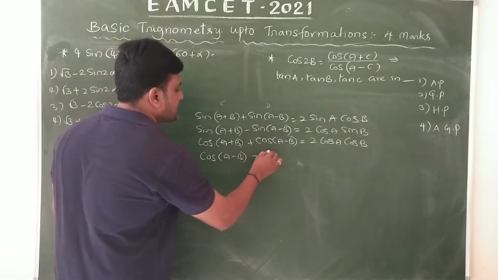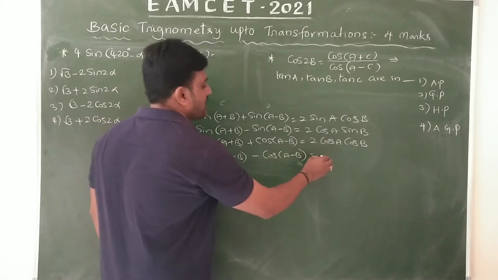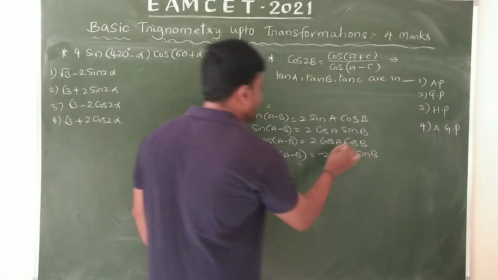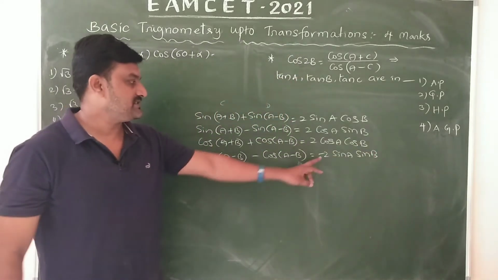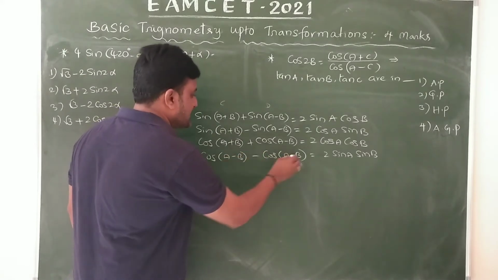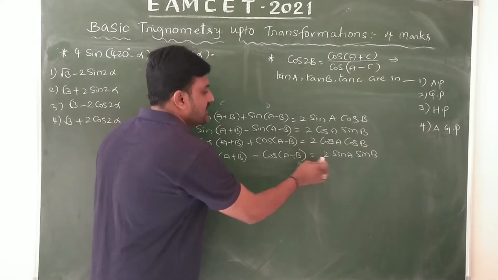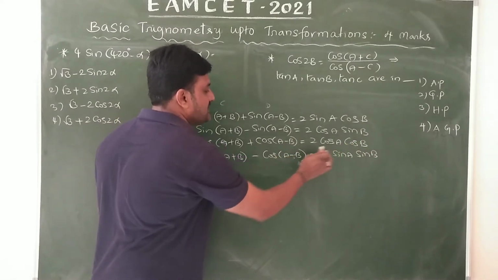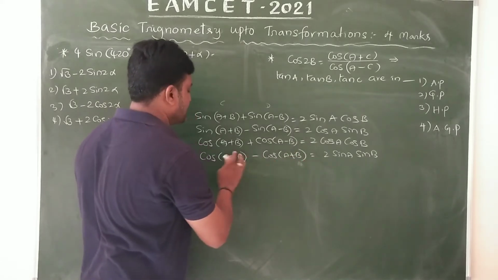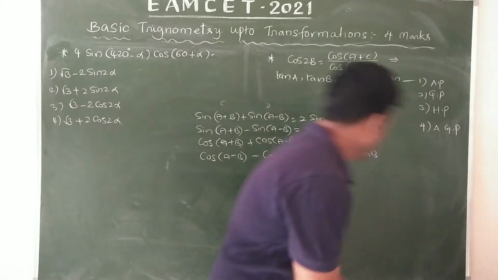When it is a minus, cos(A plus B) minus cos(A minus B) equals minus 2 sin A sin B. That is the difference. Let us go with our problem.